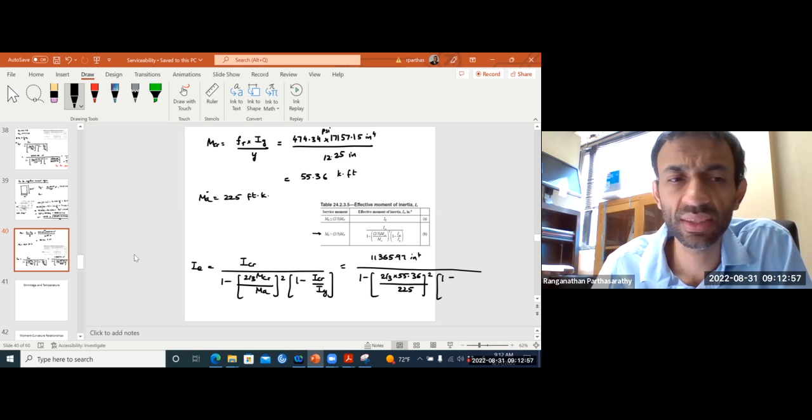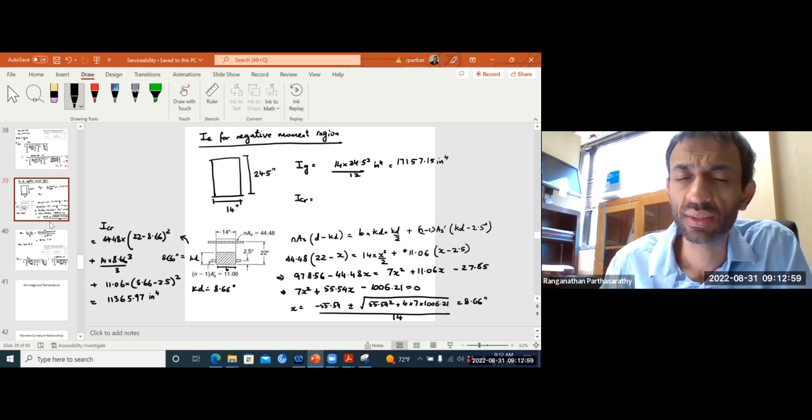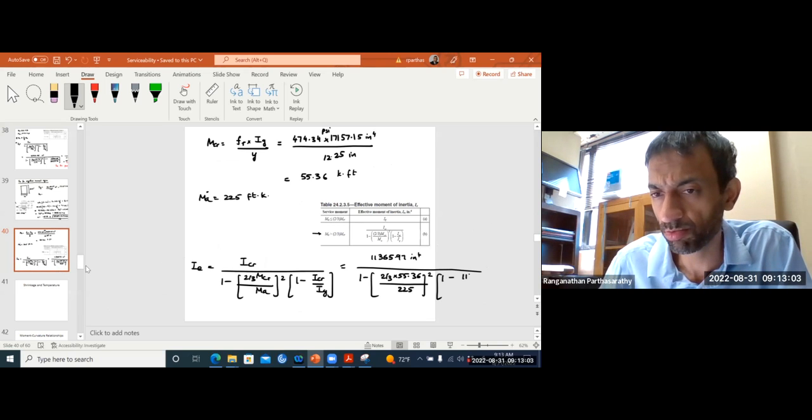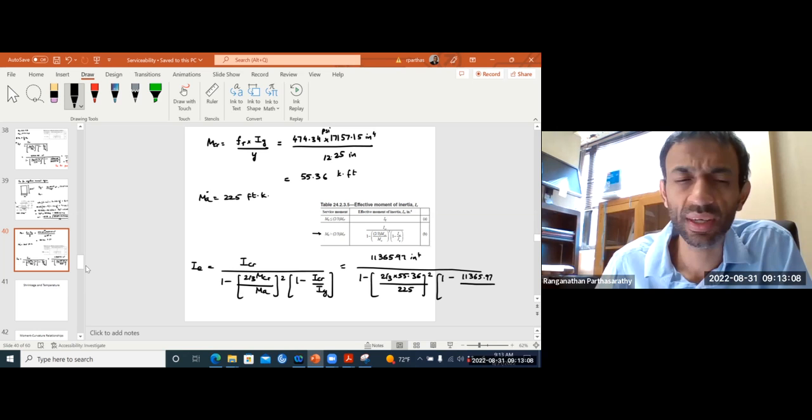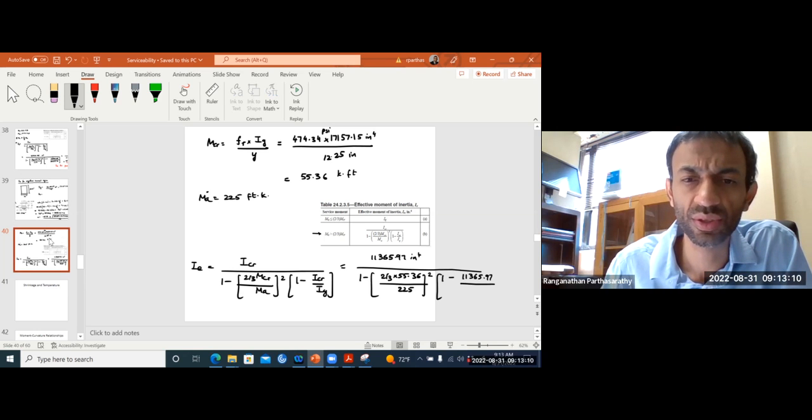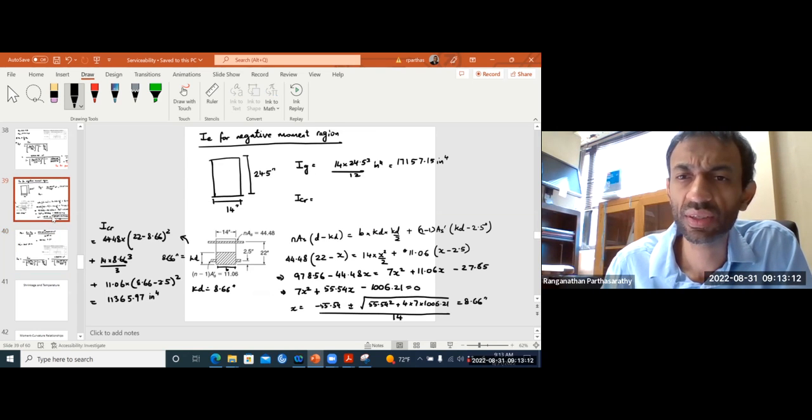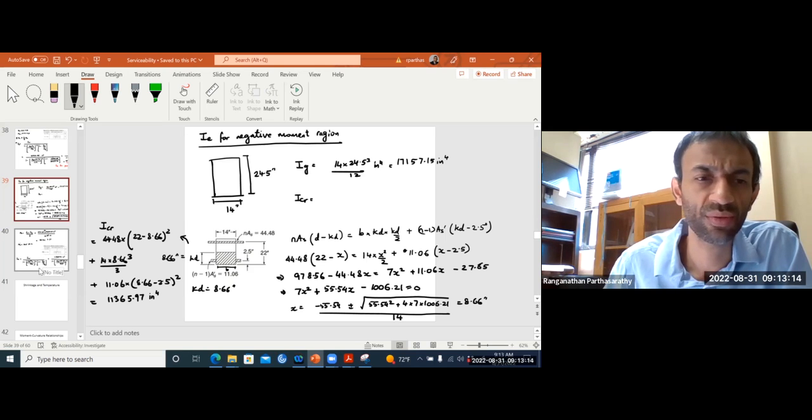1 minus ICR is 11,365 over IG, which is 1717157.